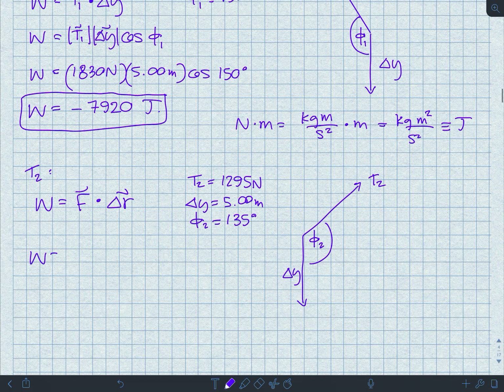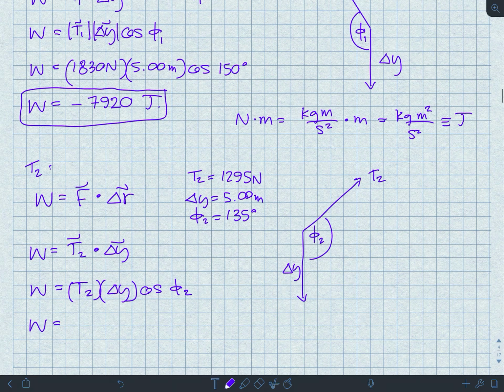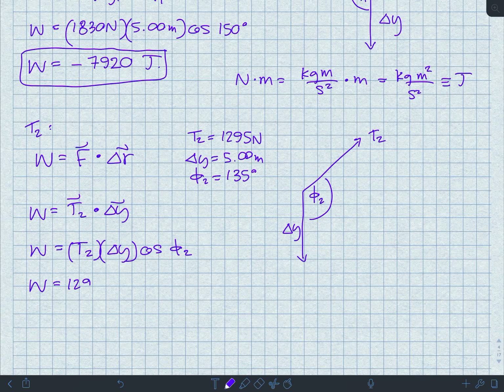So this is going to be T2 dotted into delta y, which is T2 times delta y times cosine of phi 2, which we can now plug in and see what we get.